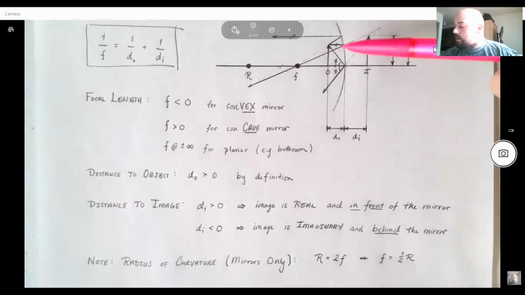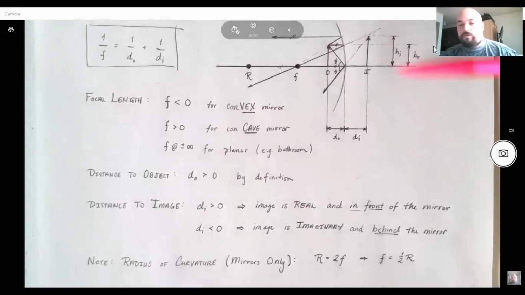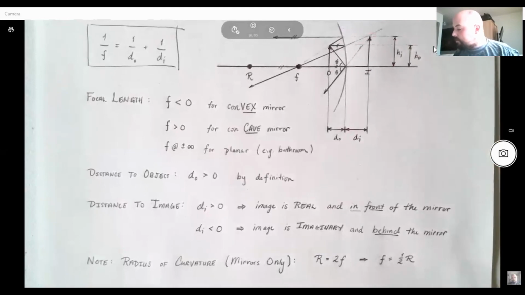Okay, so here I've just drawn a dashed line to indicate that this is a continuation of where the height of the object is located and defined it here. These will be particularly useful for when we talk about magnification of the image that's produced by a mirror or a lens.